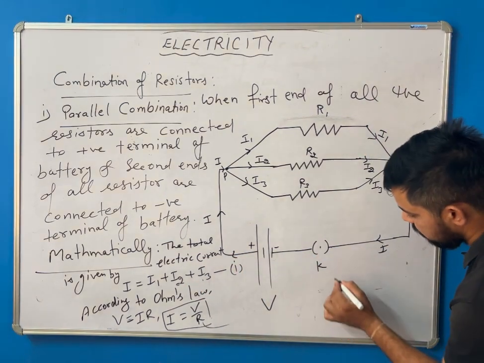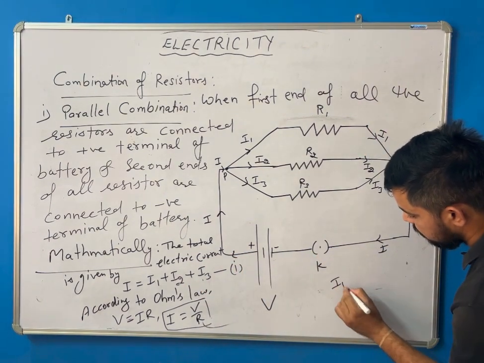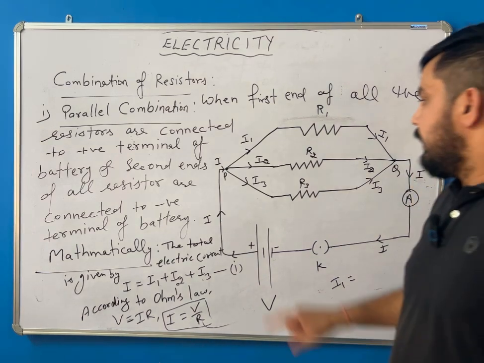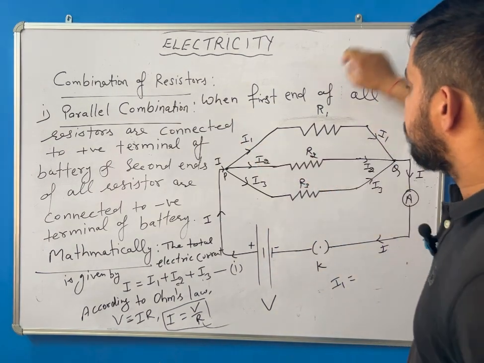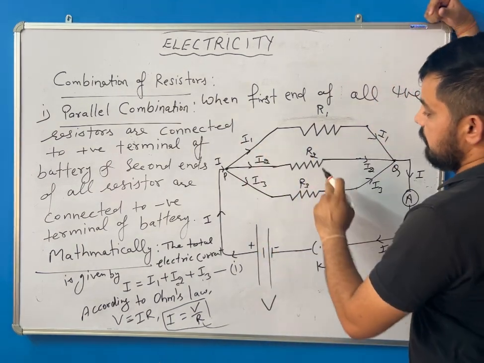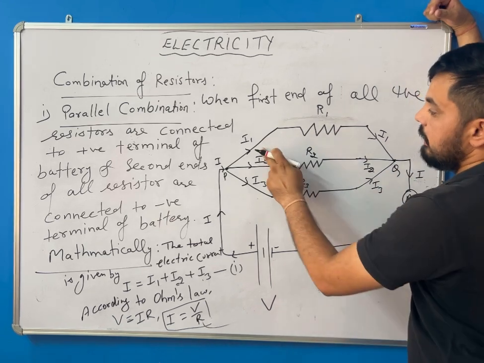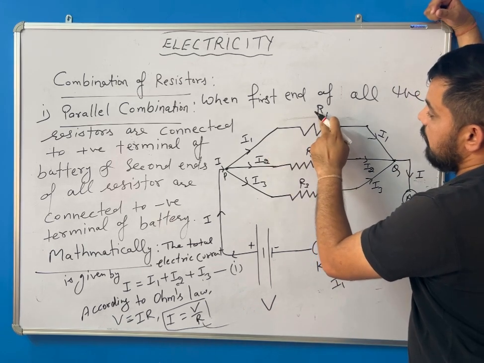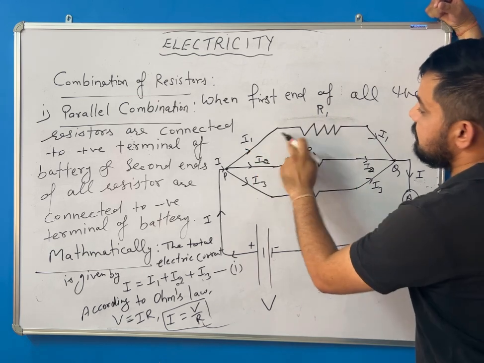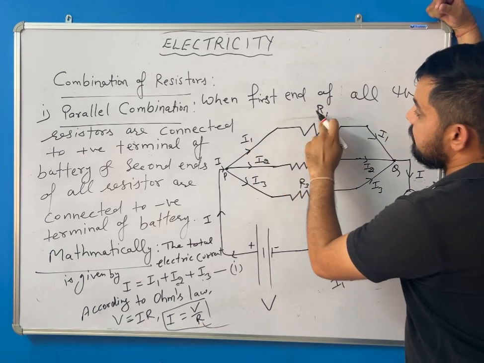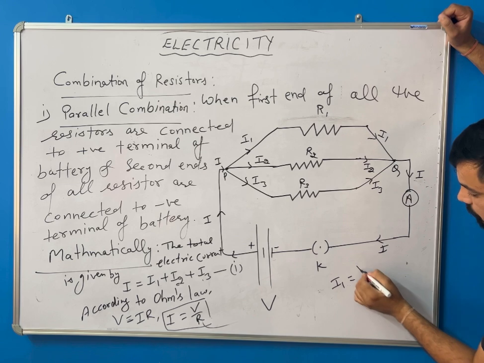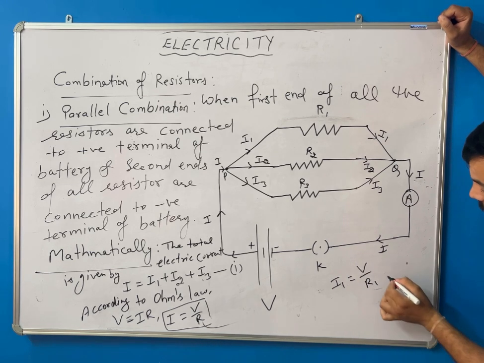The potential difference remains the same for every resistor and the resistances change, so R1, R2 and R3. So I1 is equal to potential difference V over resistance R1, so I1 = V/R1.